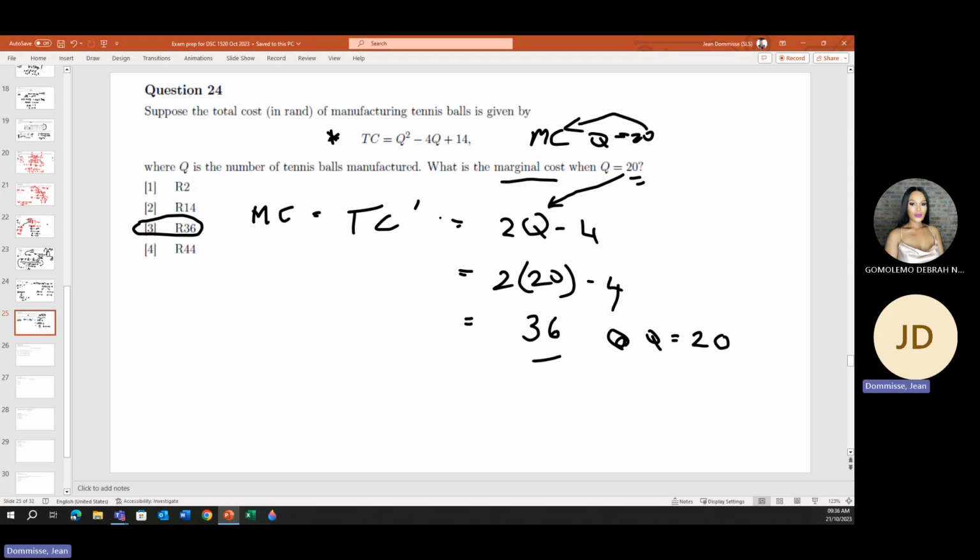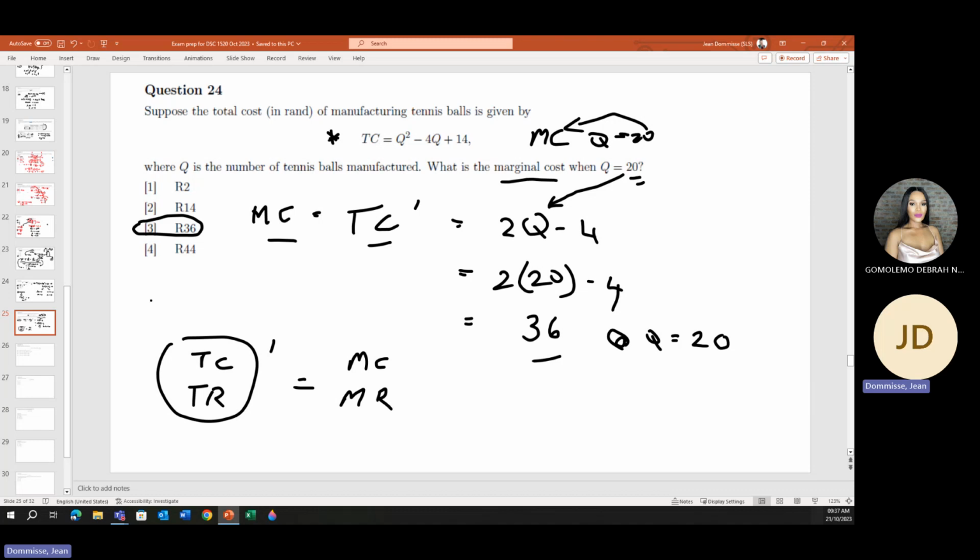So that is 36. Again, you need to know that if I get total cost or total revenue, I need to differentiate that to get to marginal cost or marginal revenue.